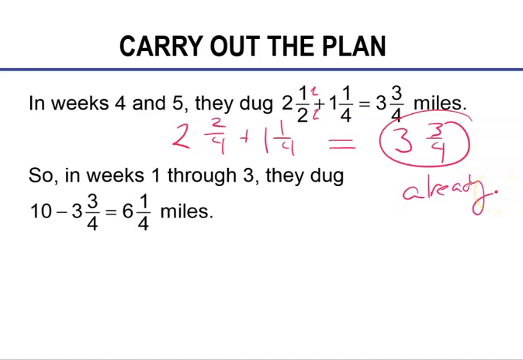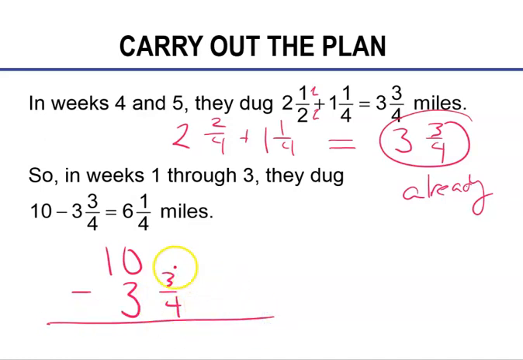Now we're going to subtract 10 minus 3 3/4. Now again, in a future section, we're going to cover in detail about how to do this. But in case you're struggling right now, we need to do 10 minus 3 3/4. Well, notice I have nowhere to subtract the 3/4 from. So here's what I'm going to do. I'm going to borrow from this 10 and make that a 9.